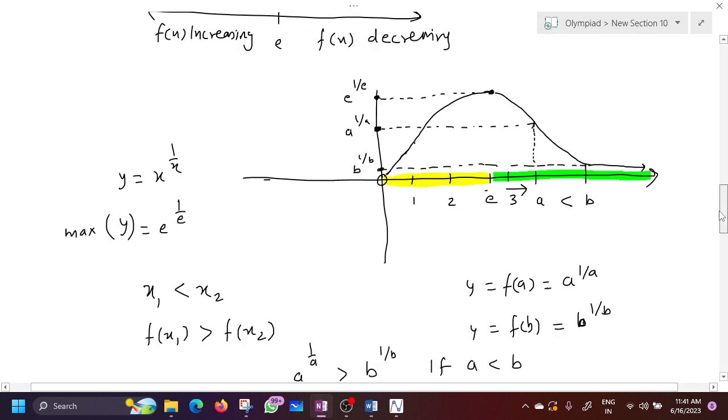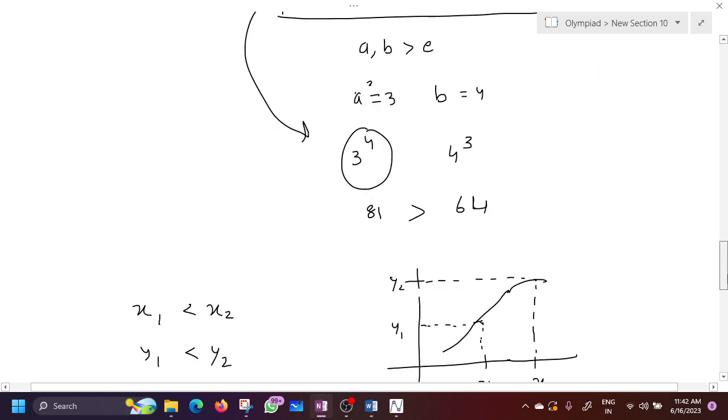In that case we cannot decide, because if one value is from this side and one value is from this side, you cannot decide which is greater than what. Why? Because the function is neither increasing nor decreasing, or you can say the function is increasing and decreasing both, so you cannot use these conditions here.